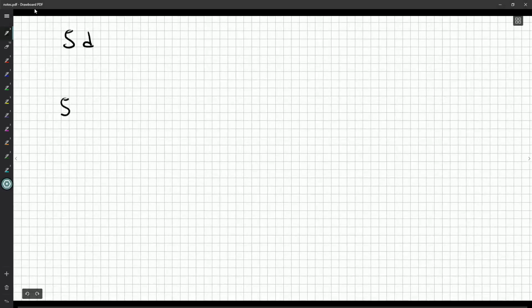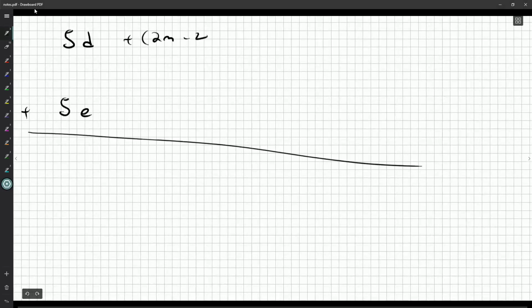I'll get a 5d and a 5e, and I think I'm going to add these two up. So plus 2m minus 4 times 0 plus 2m minus 4 times 2. Yeah, because it's going to be 40 divided by 5 is 8. So this will work out nicely.